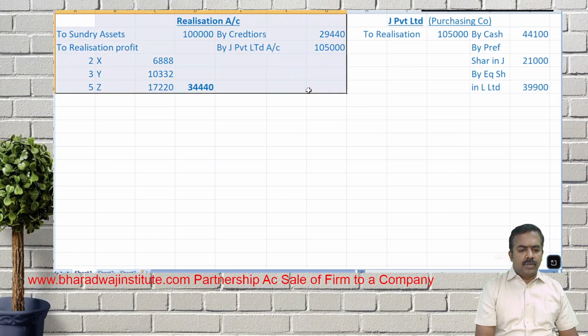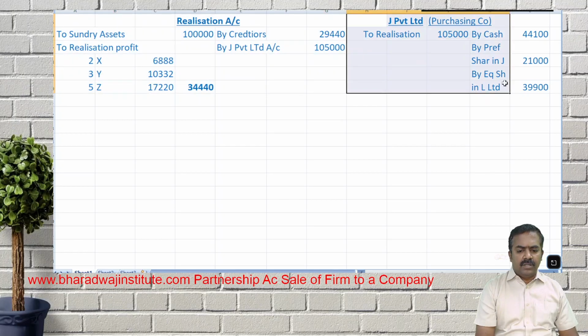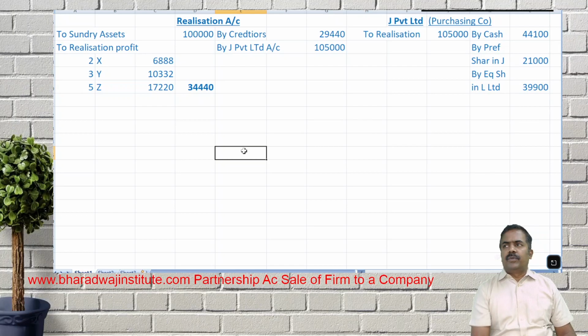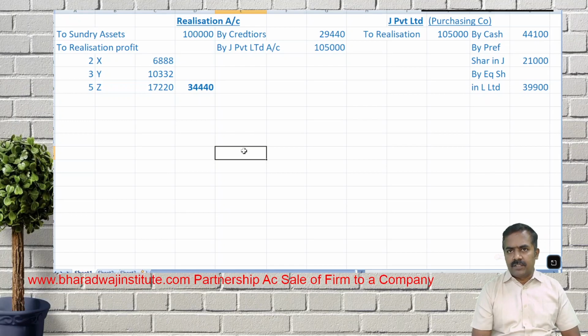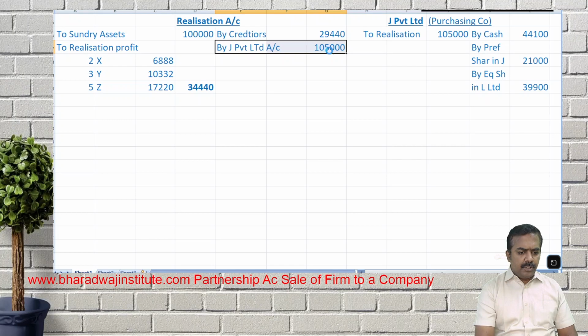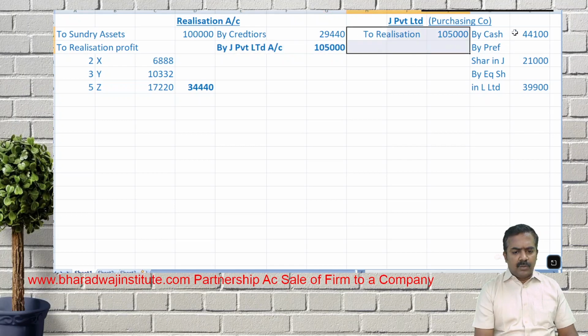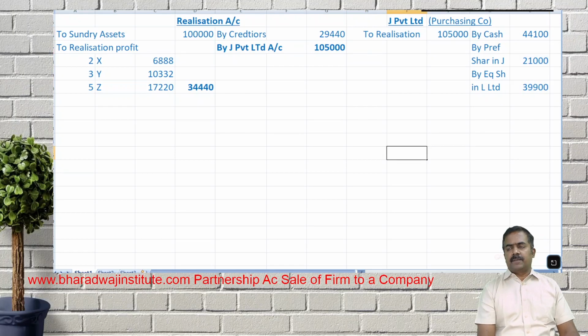So the realization account and the purchasing company account are common, I hope, for the different cases given in the problem. Any doubt in this? Purchase consideration due 1,05,000. And the 1,05,000 we received in cash, preference shares and what? Equity shares.